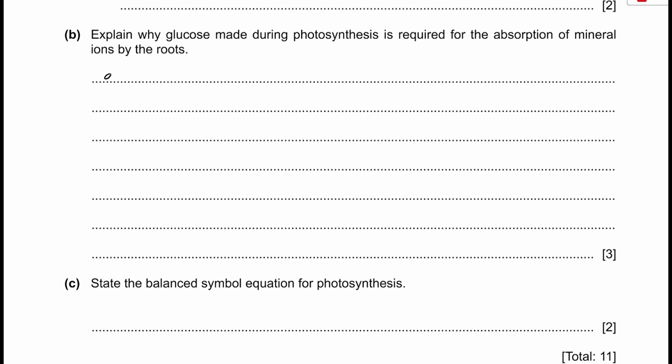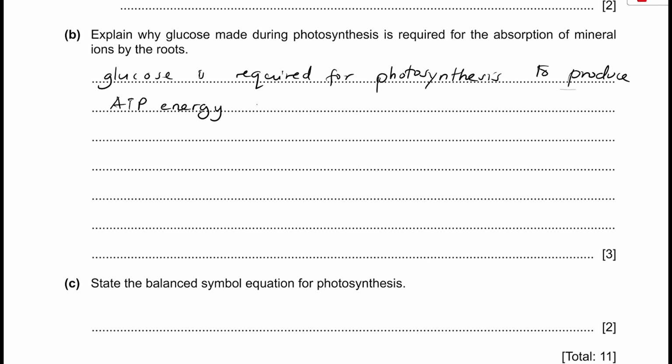So we'll say here glucose is required for respiration to produce ATP energy, required for active transport by roots, which allows the process of absorption of minerals by active transport.